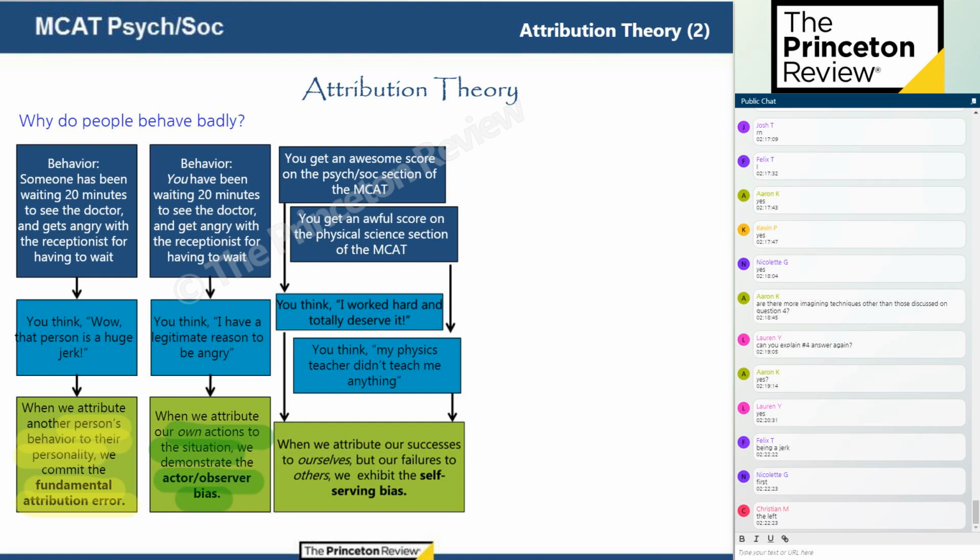Okay, you have just committed the self-serving bias. When we attribute our successes to ourselves, but our failures to others, that's the self-serving bias. Okay, this one helps us attribute, whose fault is it? Who's responsible for the outcome?